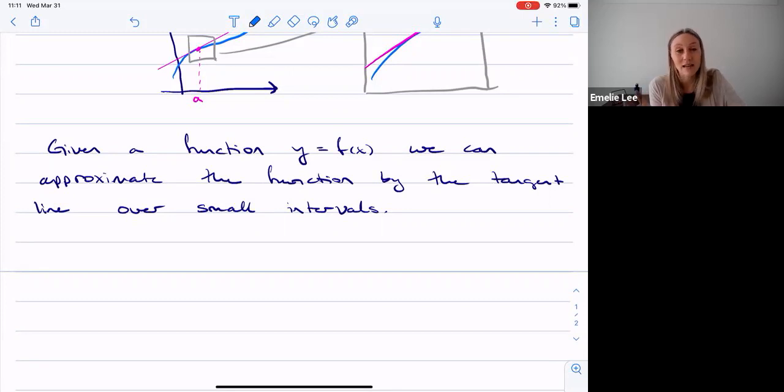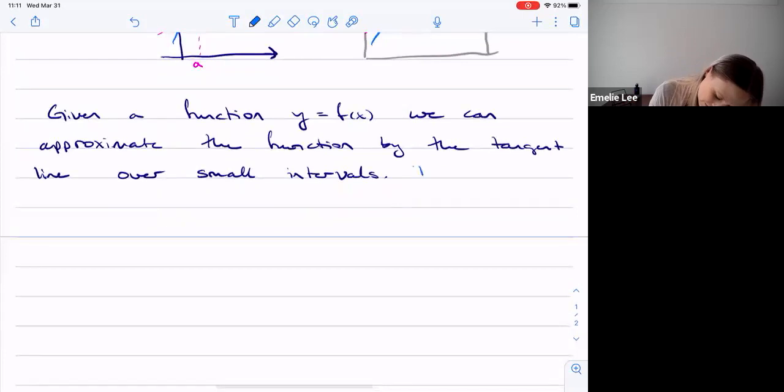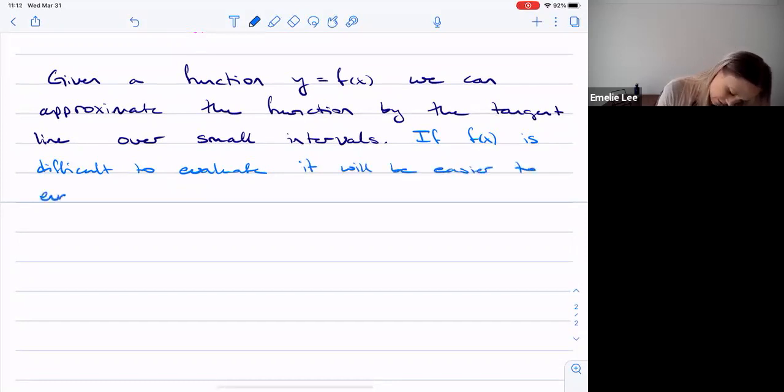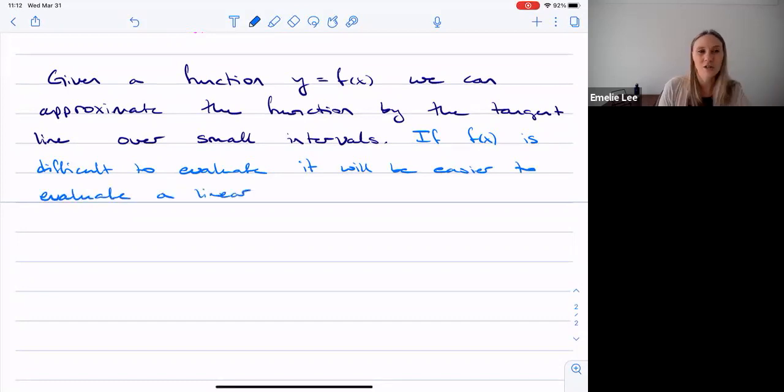So we're doing it. The idea is that evaluating a straight line is going to be easier than evaluating some difficult function. So if f of x is difficult to evaluate, it will be easier to evaluate a linear function, right? A linear function, y equals mx plus b, that's easy to evaluate.